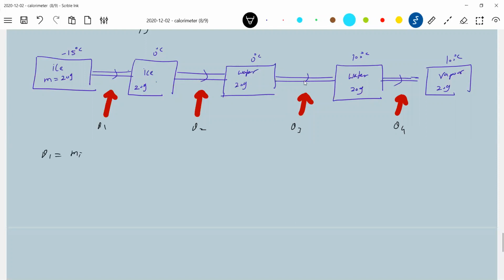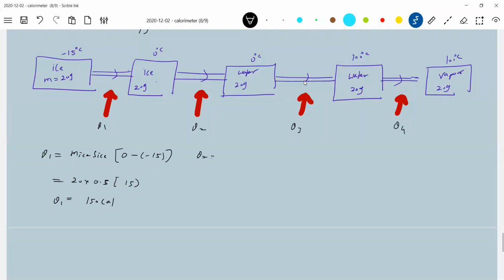Q1 equal to mass of ice, specific heat of ice, 0 minus of minus 15. This should be equal to 20 into 0.5 into 15, which is 150 calories, Q1.